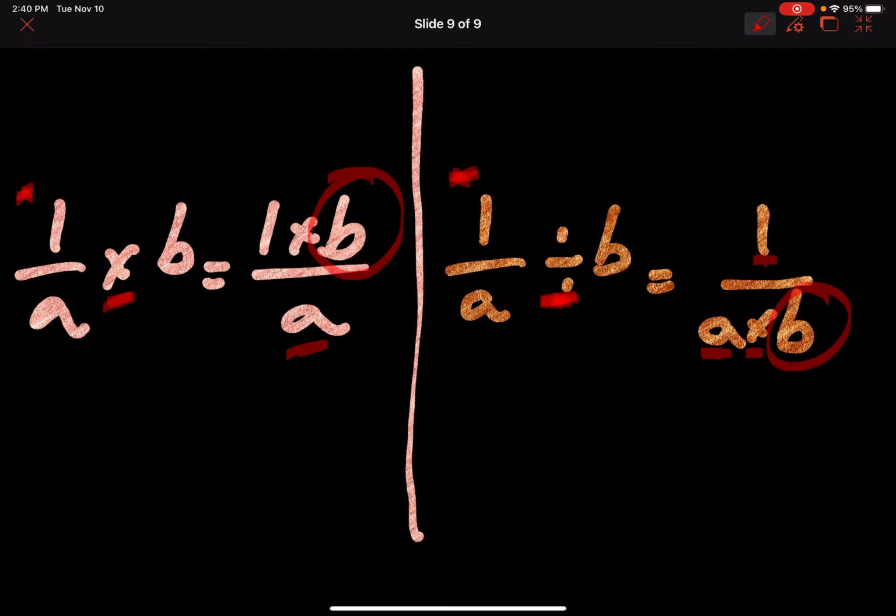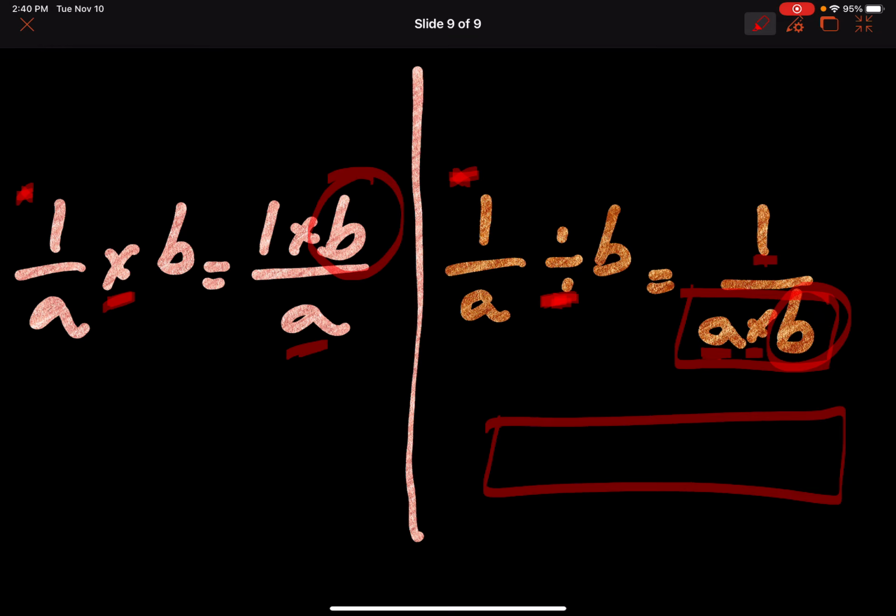Okay, so I'm hoping that you notice that when we multiply the denominator, it's how many parts it's being divided into. So as we keep dividing these parts, everybody's going to get a smaller and smaller piece. So by multiplying the denominator, the number is still getting smaller and smaller.